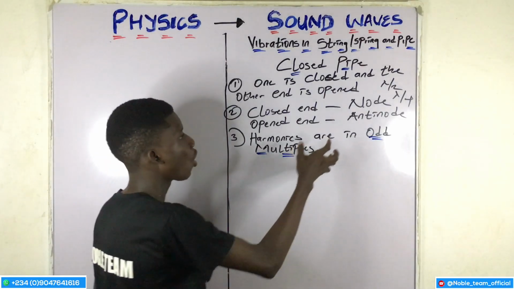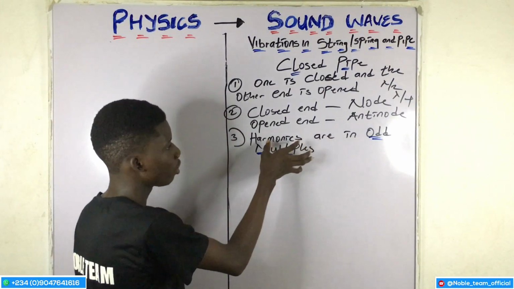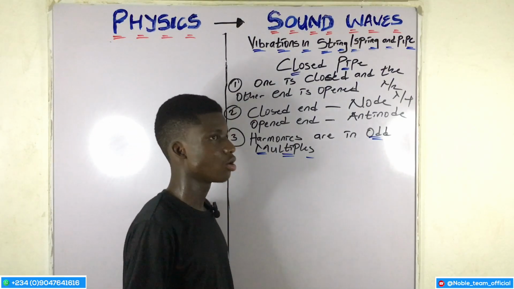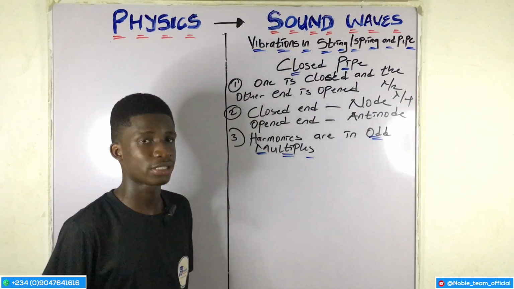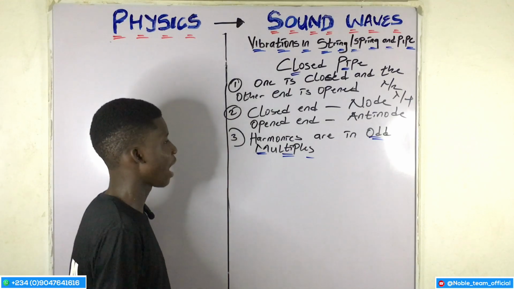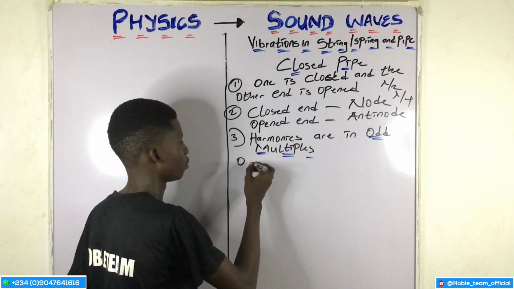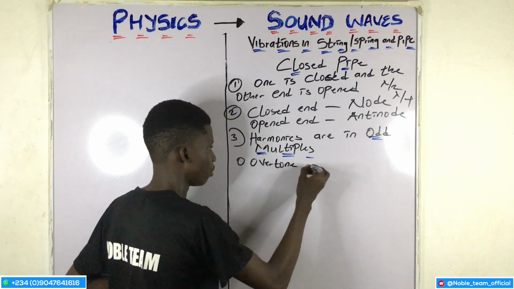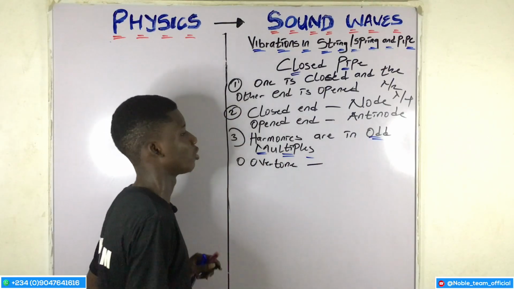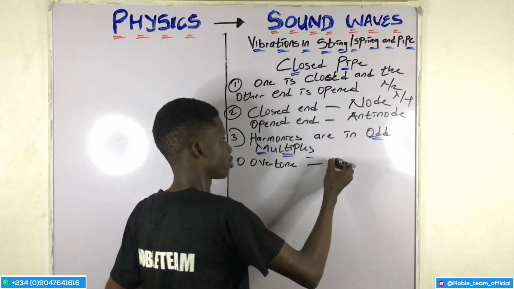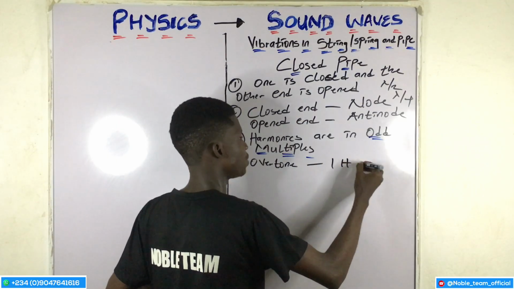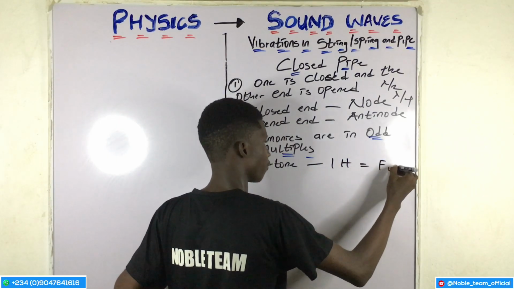Now, what am I trying to explain? They said odd harmonics, and we already know what is odd. Numbers that are odd: 1, 3, 5, 7, and so on. Now, imagine that I have 0 over 2. My harmonic is going to be 1, which is equivalent to the fundamental frequency.